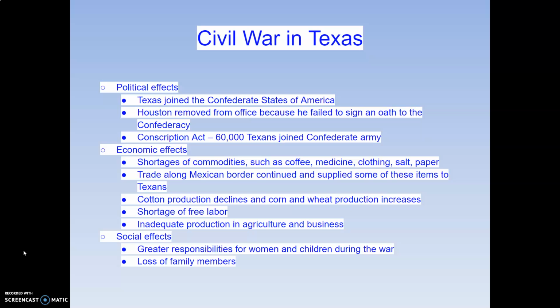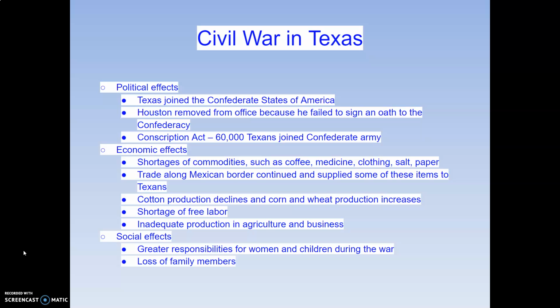Some of that labor was used in the war effort, and so there was not as much help on the farms or the plantations. Also, there was inadequate production in agriculture and business, and if you have those things decreasing, then there's not as much money to be able to buy things.